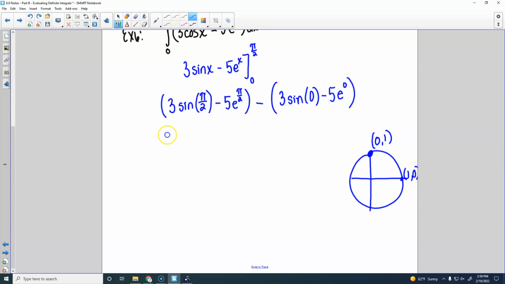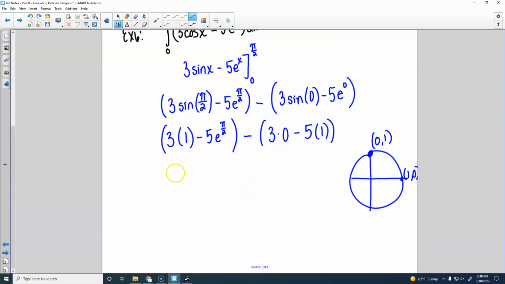Okay, so sine of pi over 2 is 1. We can't do anything with e to the pi over 2, just leave it like that. Sine of 0 is 0. What is e to the 0? 1.